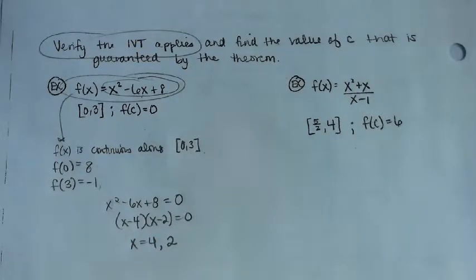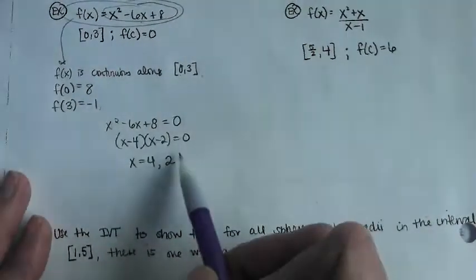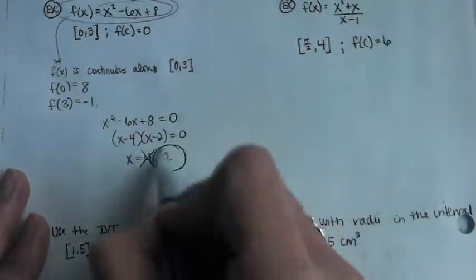So we just found the location that guarantees the 0. But we have 2 of them, and one of them is the one we're looking for, and one is not. Liam? Right. So we're looking for the x value that's in the interval, so that would be just the 2.